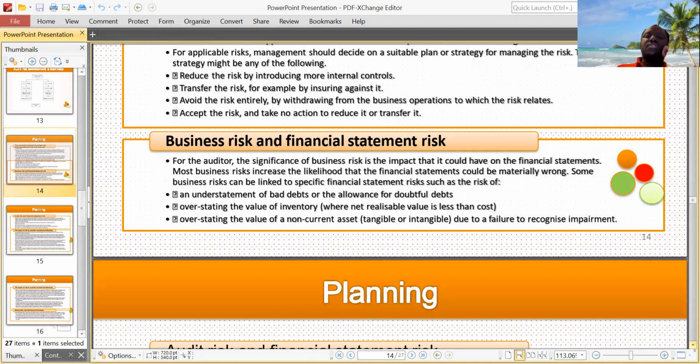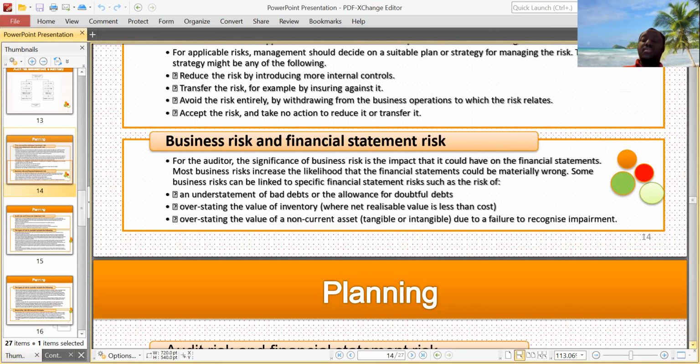Now let's look at business risk and financial statement risk. You should know that the business risk can have an impact on financial statements risk, right? Most business risks increase the likelihood that the financial statements could be materially wrong.